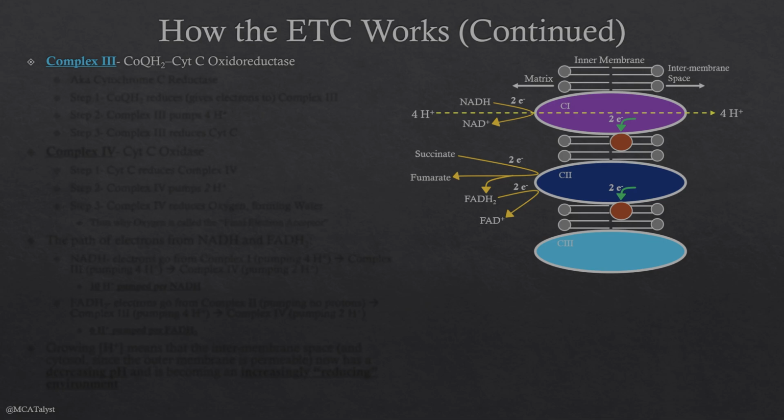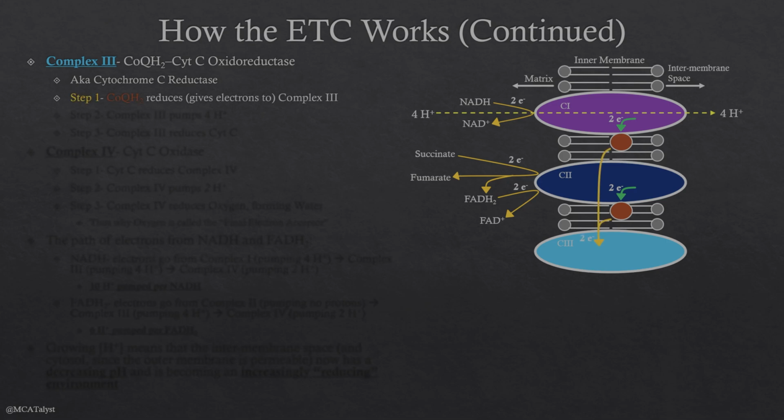It's going to be pumping some protons, and then it's going to be giving the electrons off to cytochrome C. So it's receiving electrons from ubiquinol, and it's giving electrons at the end to cytochrome C in step 3. It's because of this that sometimes we shorten it. We just remove the coenzyme Q and oxidation part of the naming. We just call it cytochrome C reductase because it's the enzyme that will essentially be reducing cytochrome C so that it can pass on electrons to complex 4.